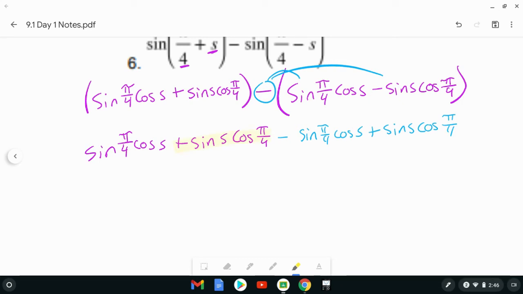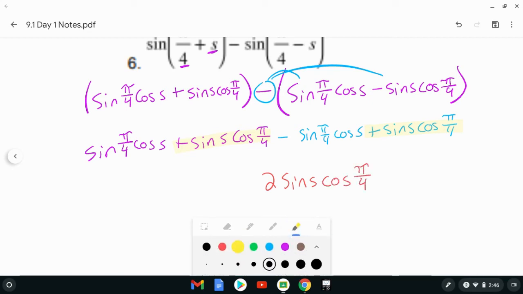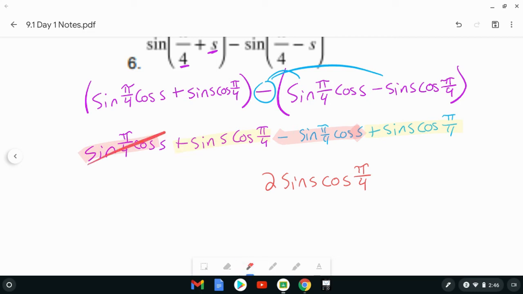That would be the sine of s cosine of pi over 4, and then sine of s cosine of pi over 4. So that's going to be 2 sine of s cosine of pi over 4. And then we notice that negative sine of pi over 4 cosine of s and sine of pi over 4 cosine of s are opposites, so those two would cancel out.